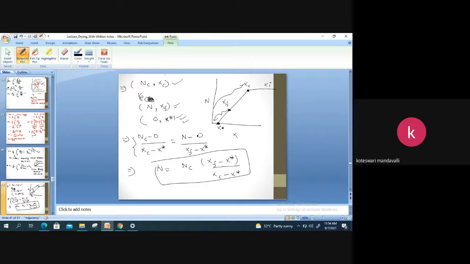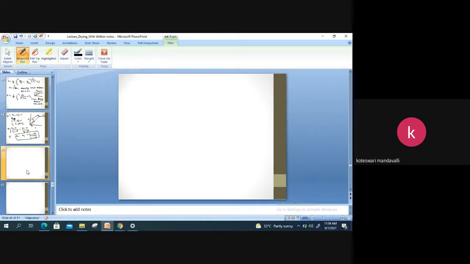This relation I can substitute in the equation. So what is the equation now? I have t is equal to S by A integral from Xf to Xc of dx by N, plus tc. This is what we have.